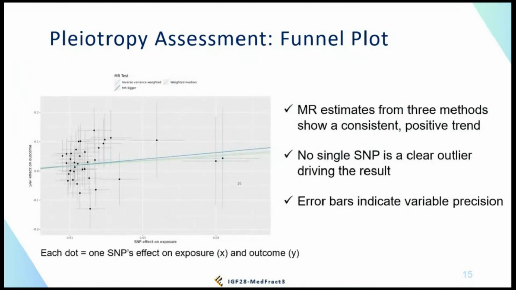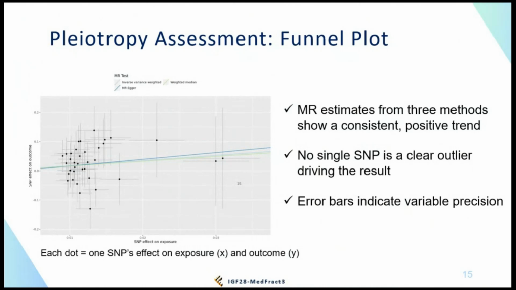And I made a mistake on the title page of this slide, but when I found out, I had already submitted the PowerPoint. So please allow me to orally correct it. The title should be the SNP's effect. So as you can see here, each dot presents per SNP's effect on exposure against per SNP's effect on outcome, with the fitted lines of all three method estimators.